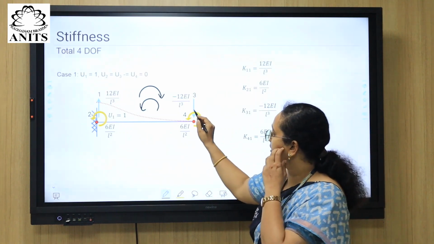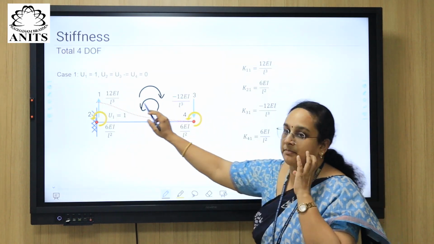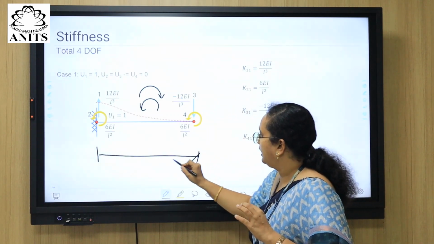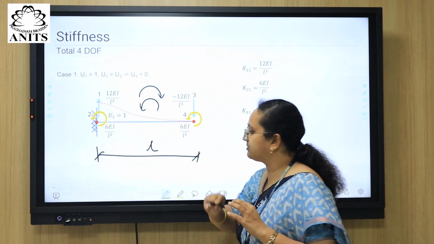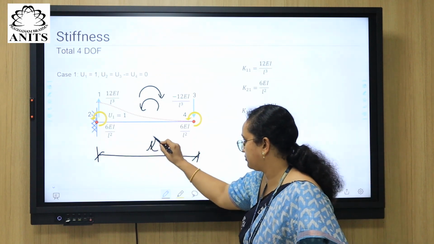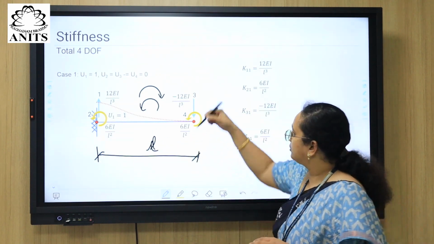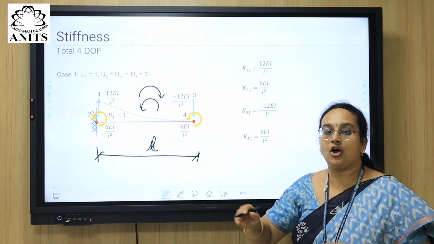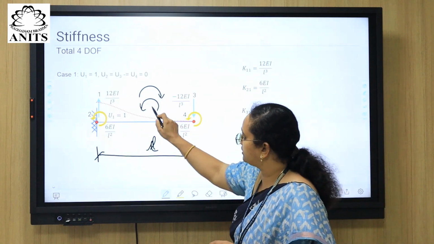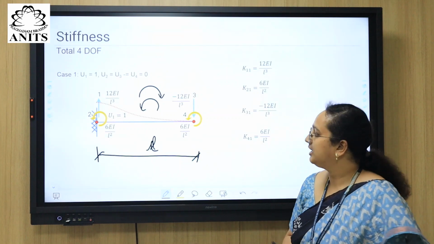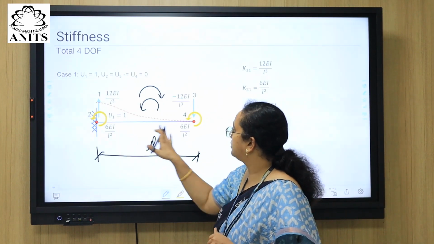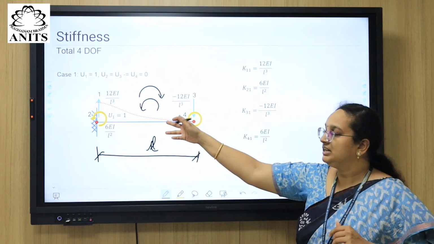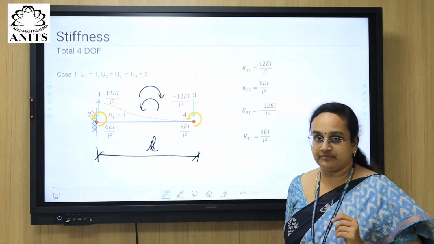For that to happen, we are providing two forces which act as a couple, separated by a distance of the length of the beam, L. This couple creates the clockwise moment to counter the anti-clockwise moment. Now let us discuss the values of the moments or forces that are developed in each degree of freedom.